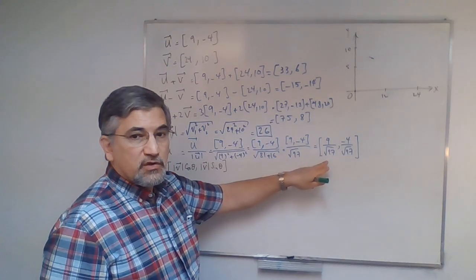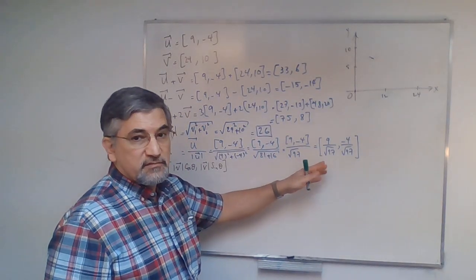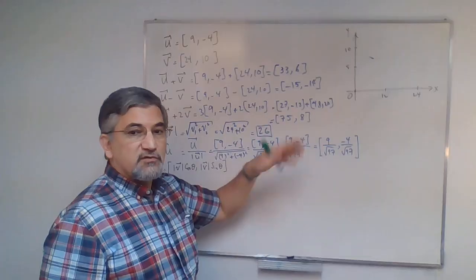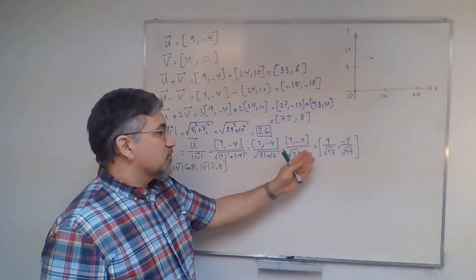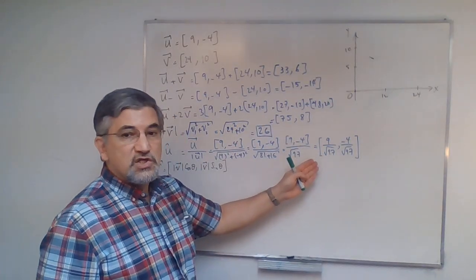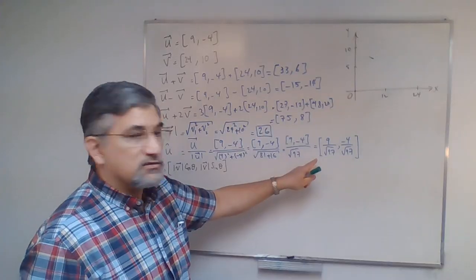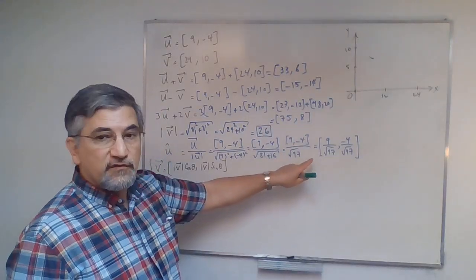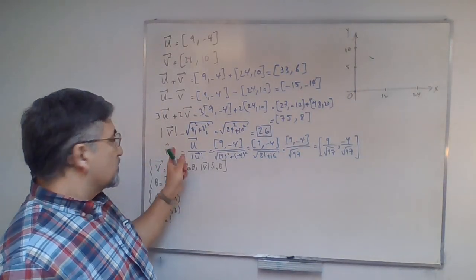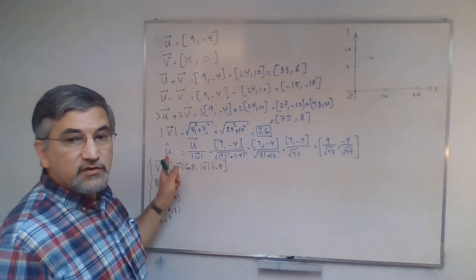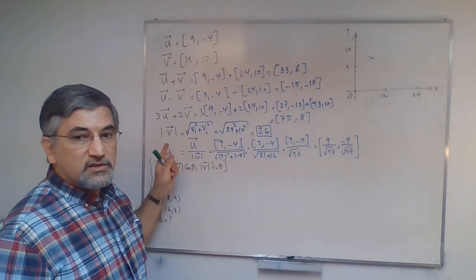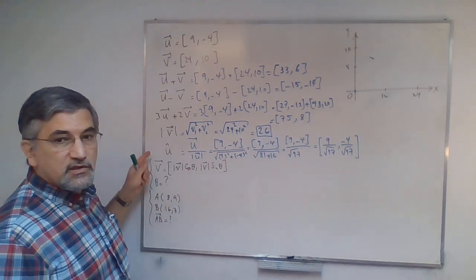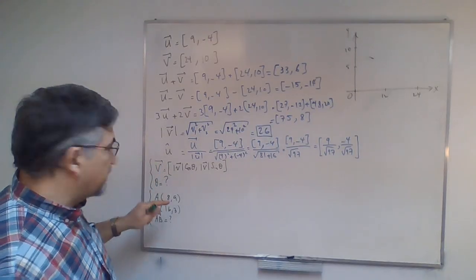The denominator squared will be just 97 because the radical will be gone. So 97 over 97 is 1, square root of 1 is 1. So you see that this vector indeed is a unit vector and its magnitude is equal to 1, and furthermore, it is in the direction of vector u that is given. Therefore, it's called the unit vector along the direction of vector u. It's denoted by the u hat symbol.